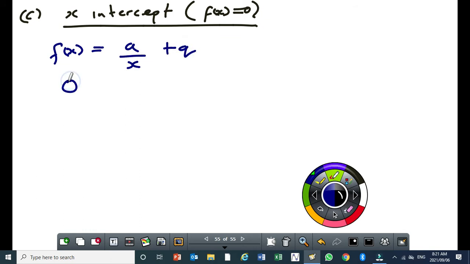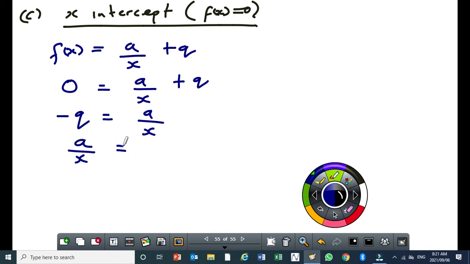If we substitute f of x equal to 0, we get 0 equal to a over x plus q. Then the next thing is to make x the subject. You just use your knowledge of equations. So we take the q to the left, we get minus q equal to a over x. You can write this as a over x equal to minus q.